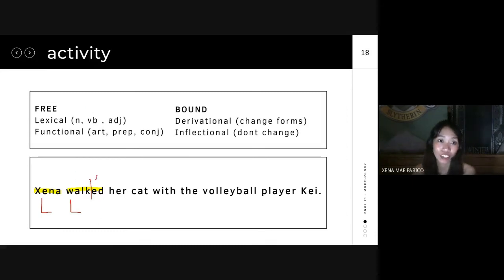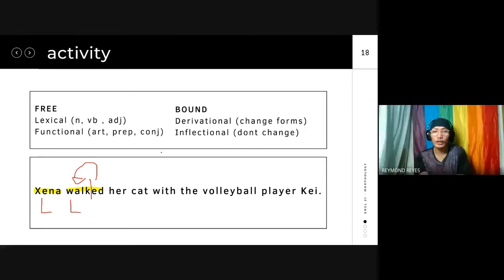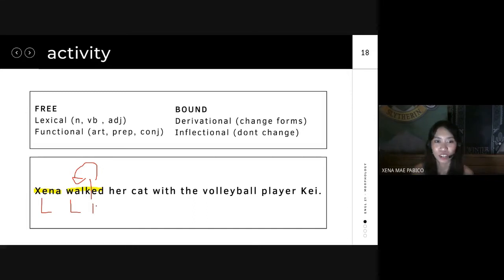Since it's attached to the root morpheme walk, this is a bound morpheme. What kind of bound morpheme is ed? Is it derivational? It's an inflectional morpheme. Yes, that's correct. This is an inflectional morpheme because it didn't change the word walk. It's still a verb, but it indicates past tense.